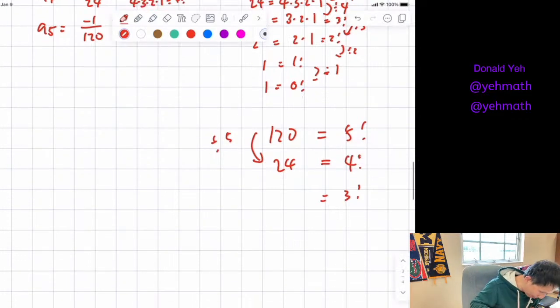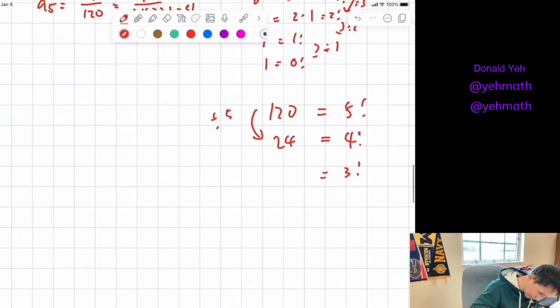Okay, now let's talk about limits. A sequence a to the n has a limit.